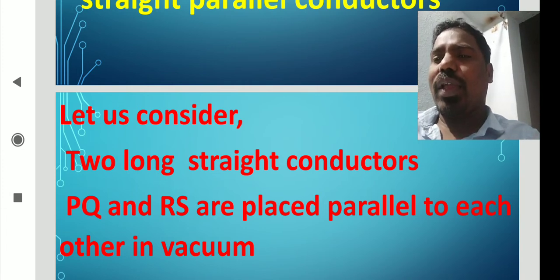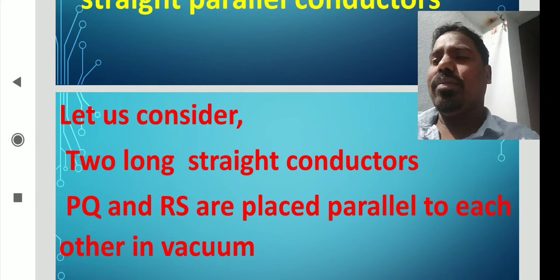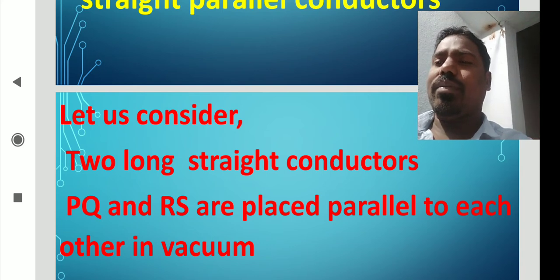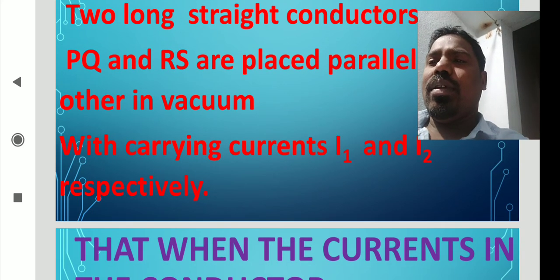They are placed in a vacuum or in air. Both conductors are placed parallel, and both are straight in nature. These conductors, placed in a vacuum, carry some amount of current.